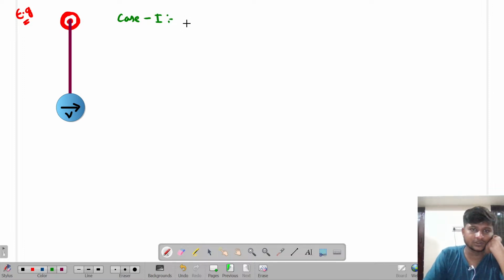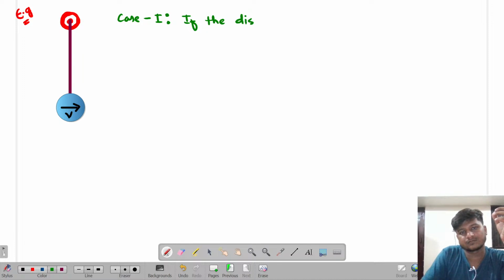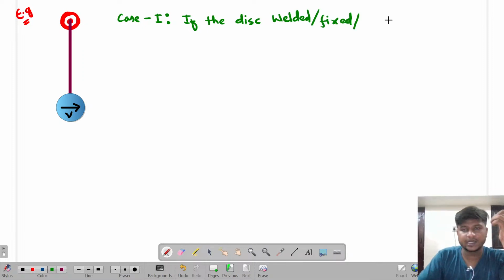Let's suppose case 1 is if the disc is welded, or fixed, or you can say nailed to the rod.